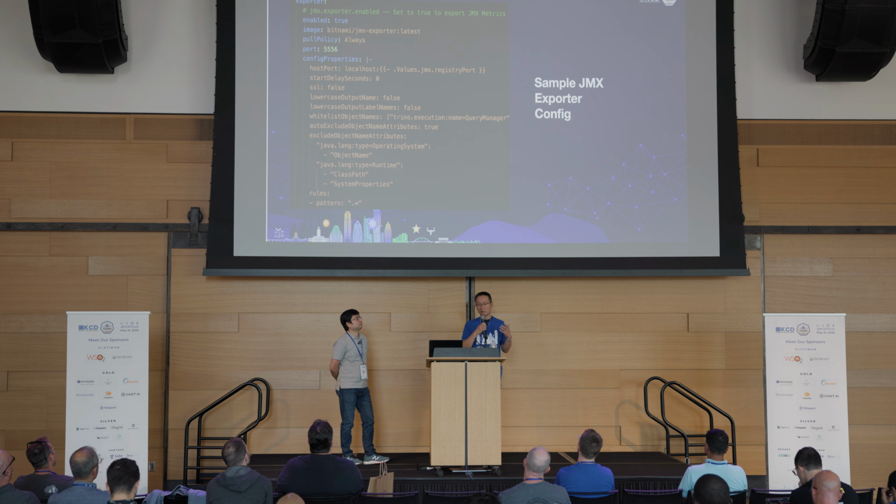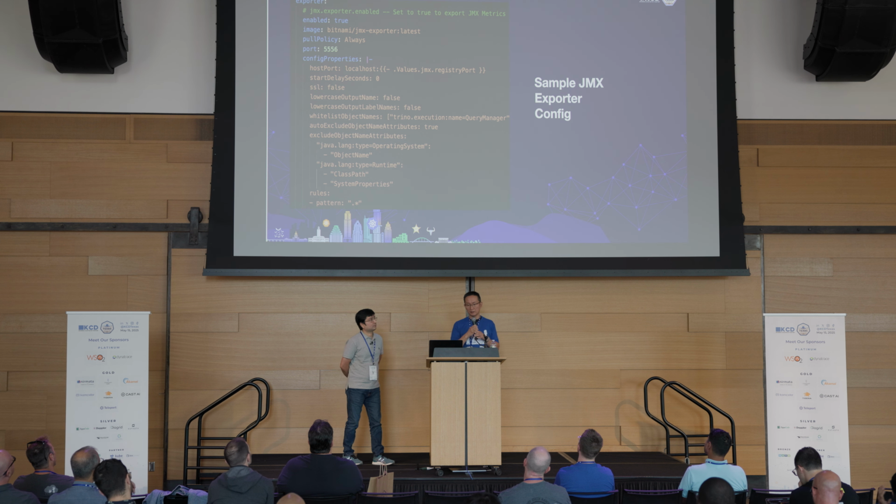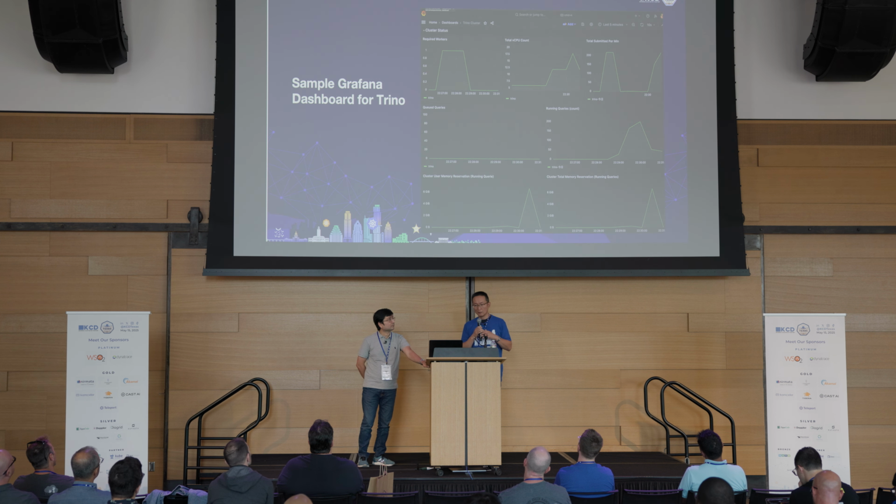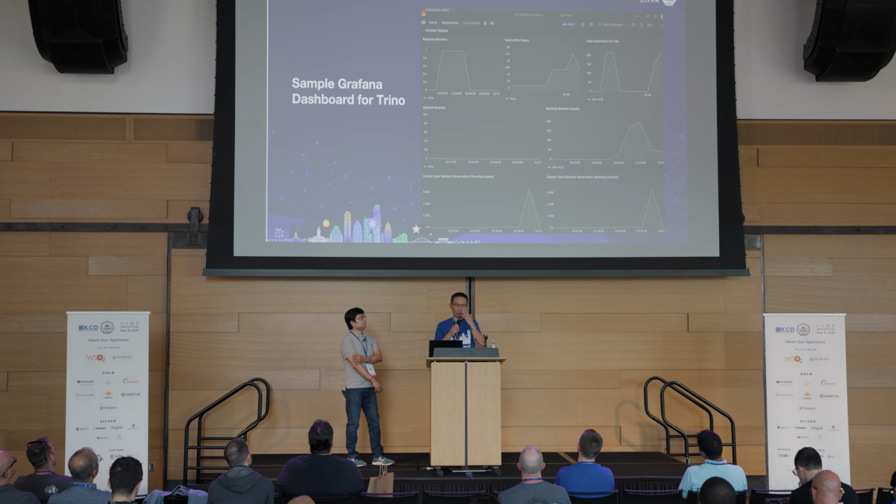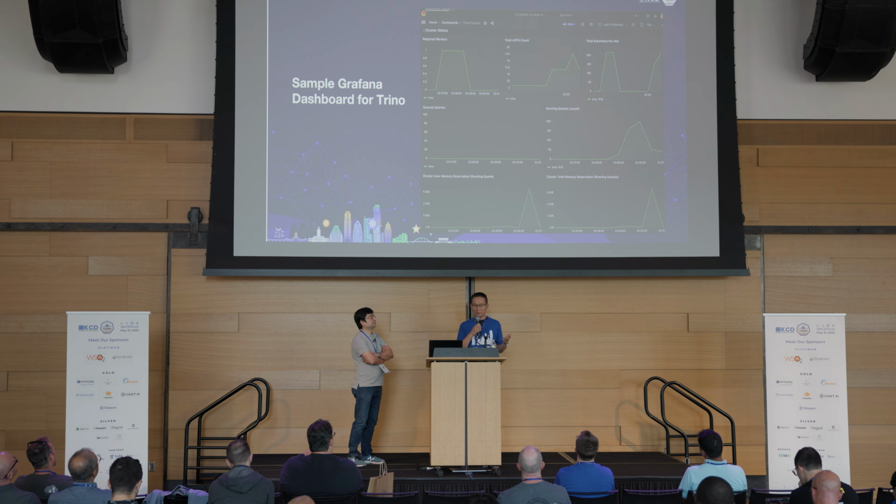And you also need to set up an allowlist, or include a list of objects, because Trino exposes a whole lot of objects, and we want Prometheus to scrape those objects and serve the metrics at a very short scrape interval. So we want to filter that at the JMX exporter level, and we don't want to overload the JMX exporter. Once we decide what to export on the exporter, Prometheus will do its job.